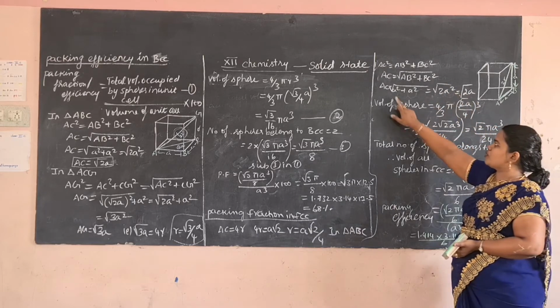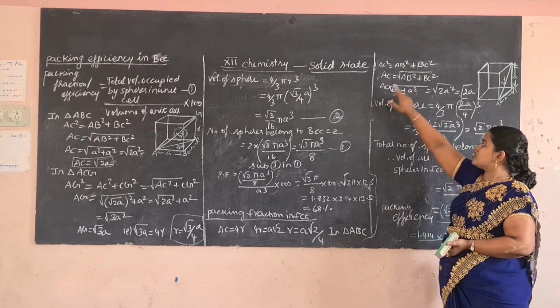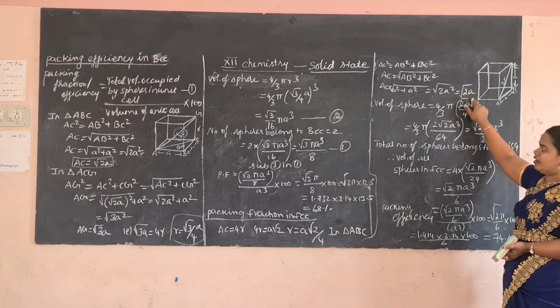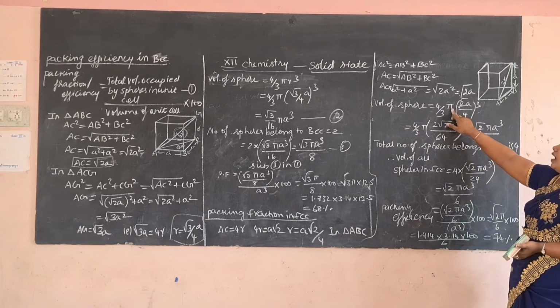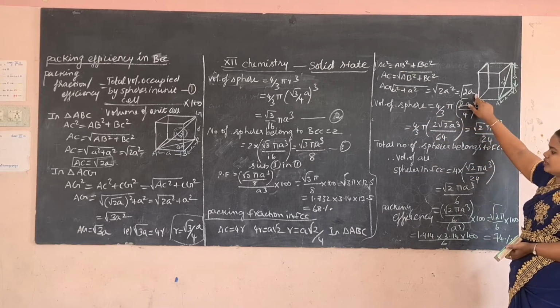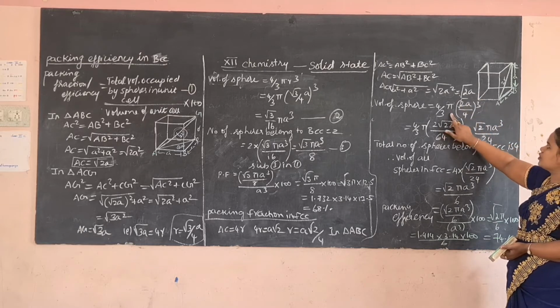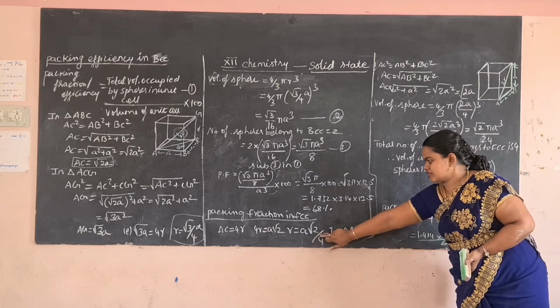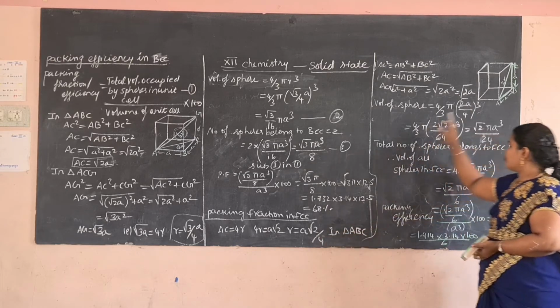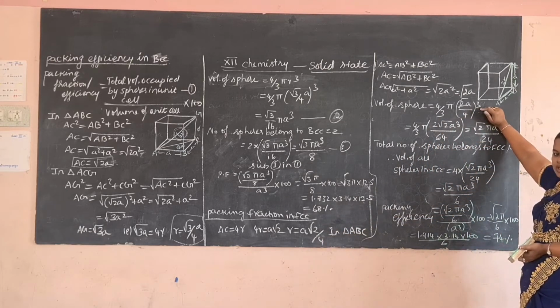So we have found AC is equal to root 2A. Then we know that the volume of a sphere is equal to 4 by 3 pi R cubed, and you substitute R as root 2A divided by 4. So root 2A by 4 cubed.